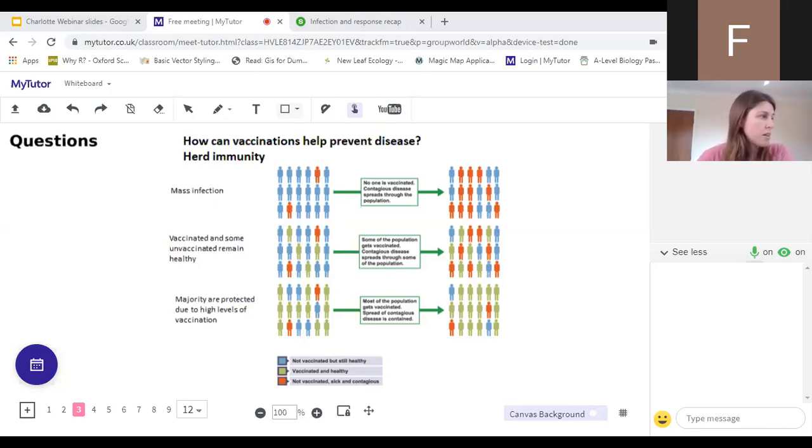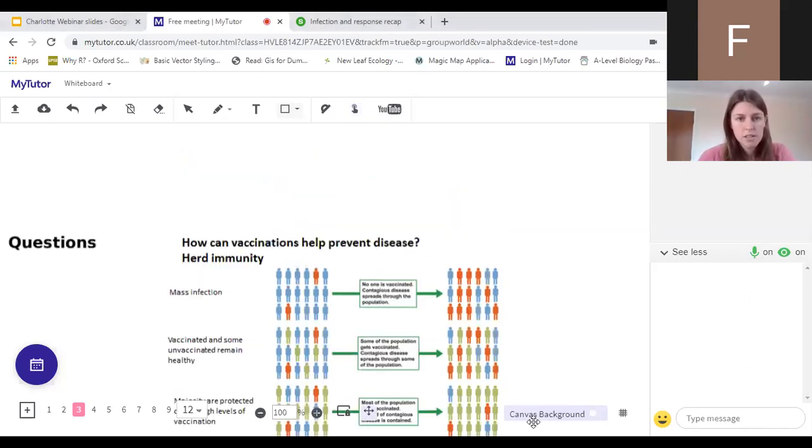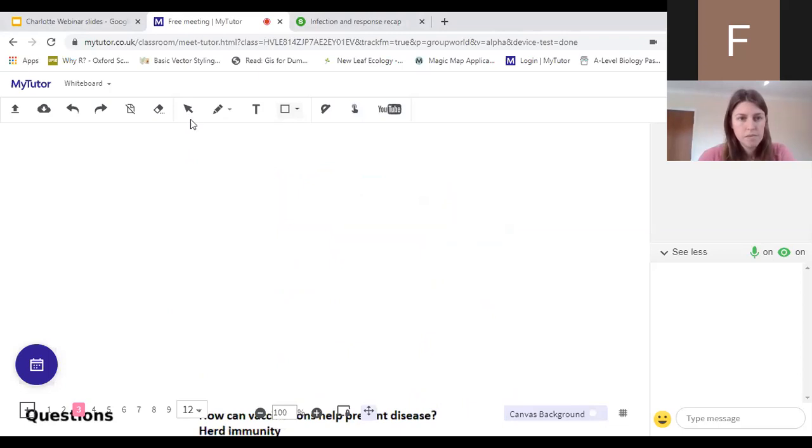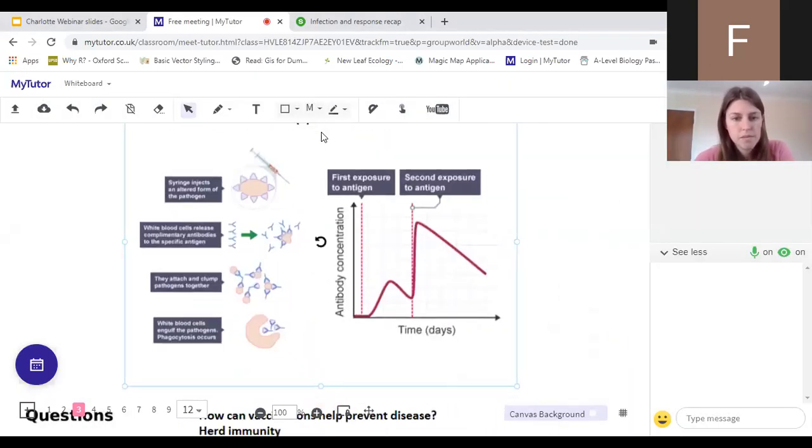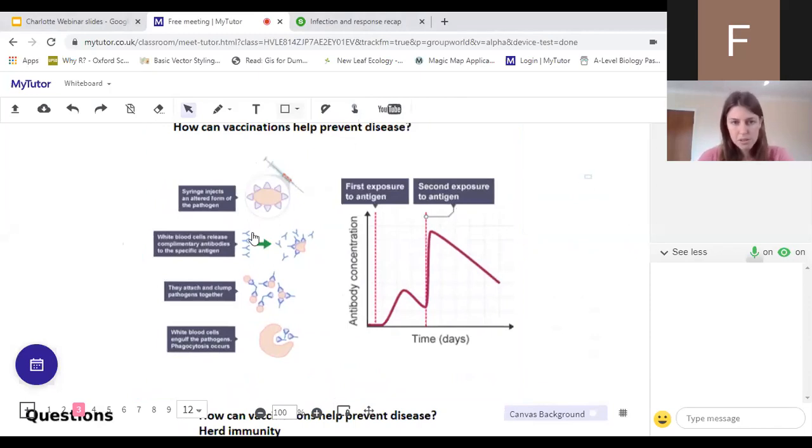If we have a look here, this was the slide that we talked about. You have an altered form of the pathogen put into you. Your white blood cells then release the complementary antibodies to the specific antigen proteins on the surface of that weakened form of the pathogen.